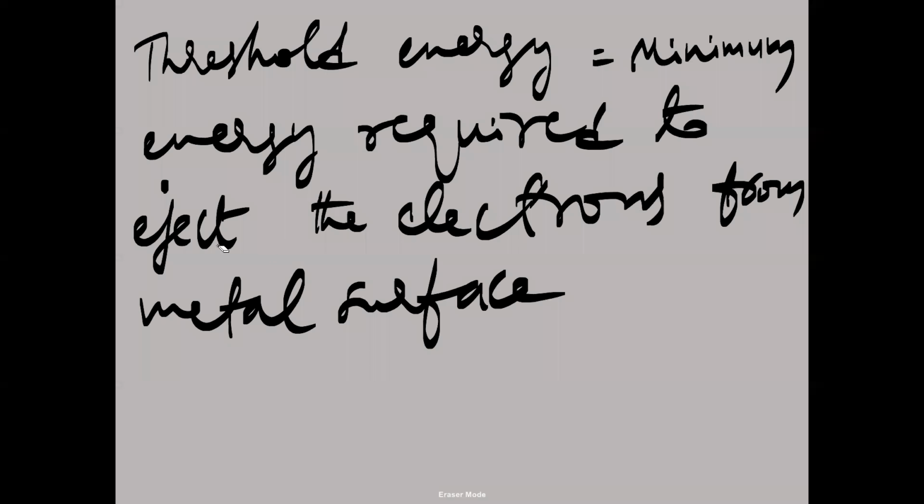If you want to eject some electrons from the metal surface, we have to overcome the threshold energy. So the minimum energy required to eject electrons from the metal surface is called threshold energy.